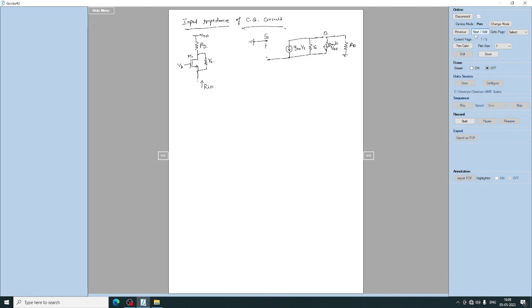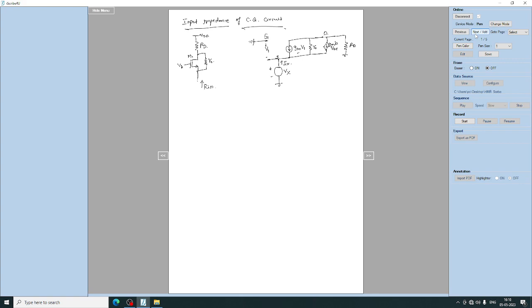This will be the V1. We will consider GMV1 corresponding to that, and this is the source terminal where we are giving the input signal. Since we are finding the input impedance, we will consider this the voltage at the input terminal, and this is the current corresponding to this voltage, so that we have to find the ratio of Vx divided by Ix to find the impedance. Fine. So this is the small signal model.